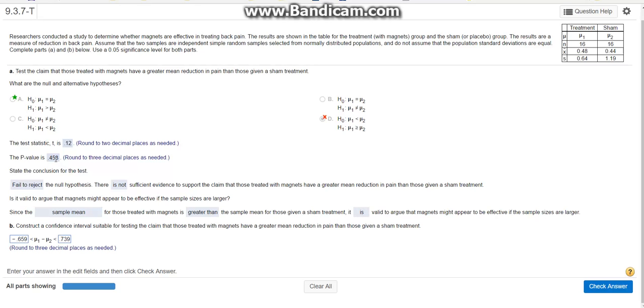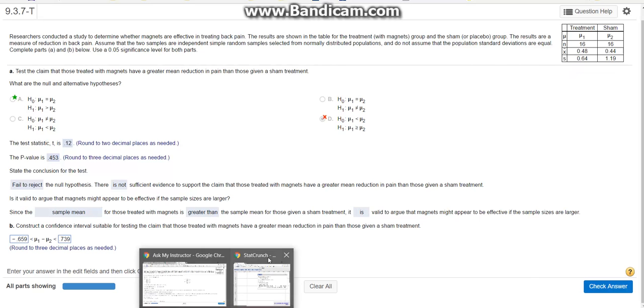So in this situation here, it does not appear that there is a difference. However, it does appear that the treatment is on average better than the sham, but not statistically better than the sham. Let's find the confidence interval.